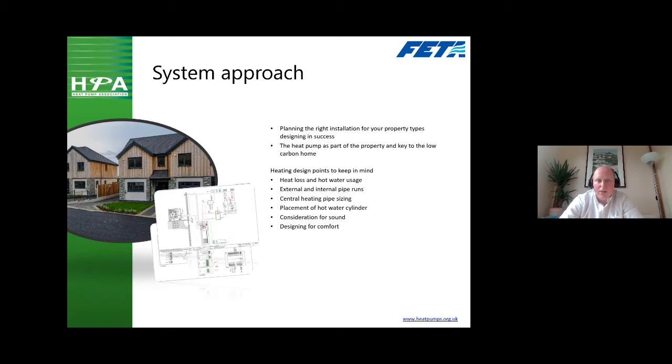The considerations for sound and designing for heating comfort as well as compliance. So it all starts on the paper, and making sure that you really understand the use of the property and the thermal dynamics of that property, and making sure you specify a suitable heating system for that property.